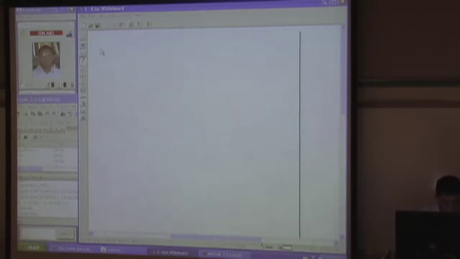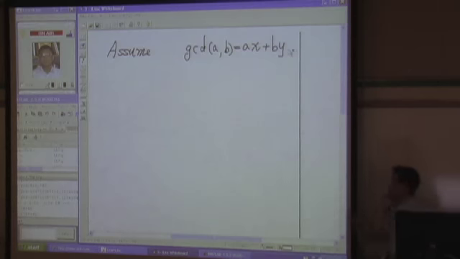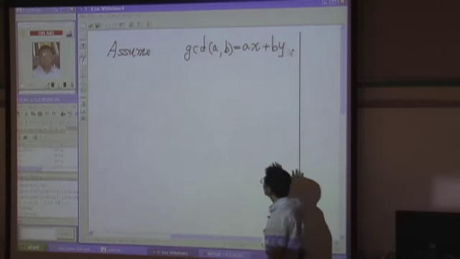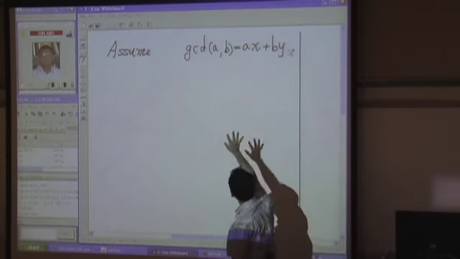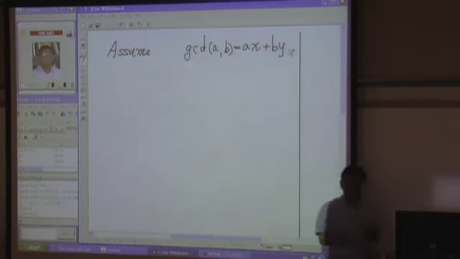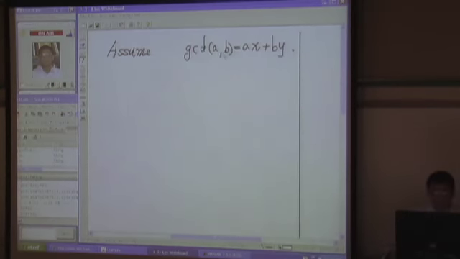Assuming this is known, then under this assumption, I will prove. Later, we will return to this proof itself, but it is long and tedious, so I will defer it. I will assume this and then prove other things. So the thing that I want to prove is this one.